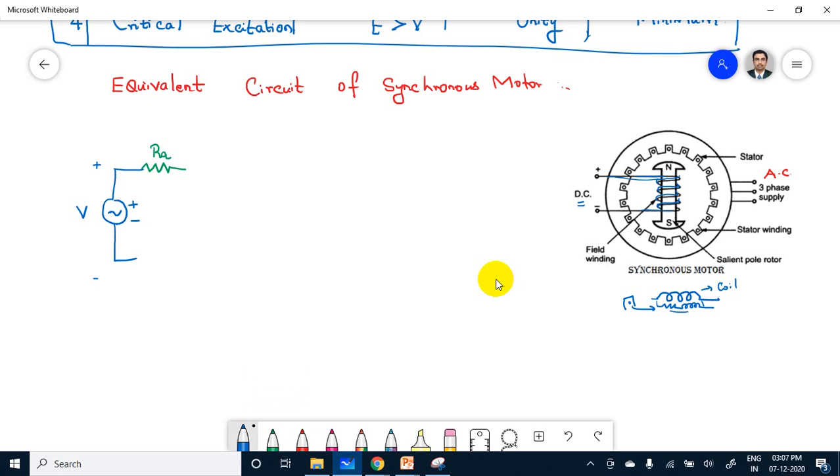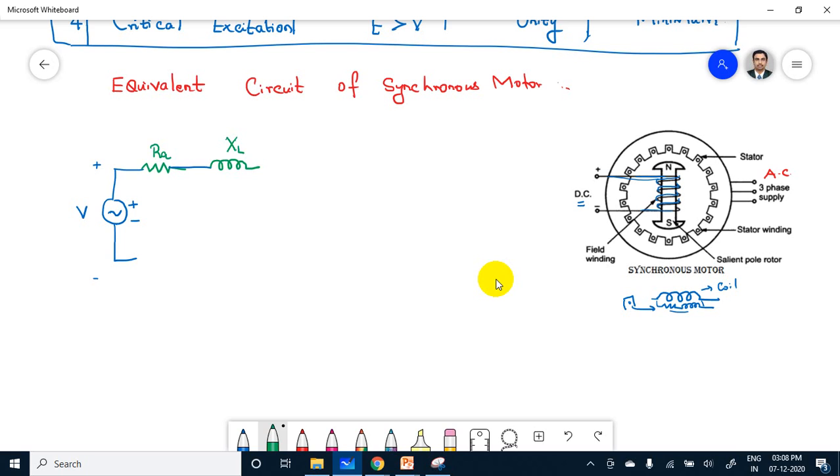Then it is joined with the reactance term. This reactance will be XL, the leakage reactance.